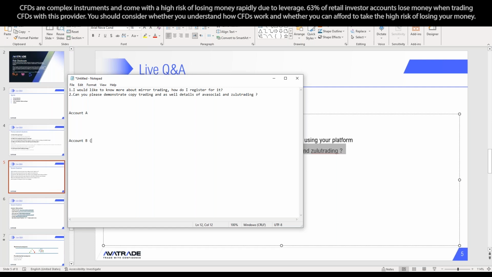Account B is beginner. Let's say $1,000 in balance. Okay, maybe a few weeks of experience, right? The second account will be, let's say, advanced. Okay, let's say 10,000 balance, 1 year of experience.